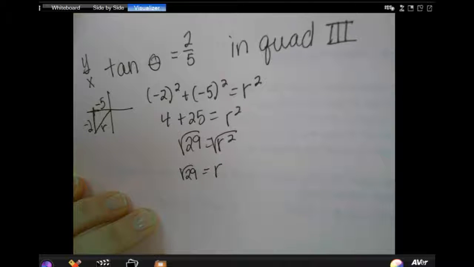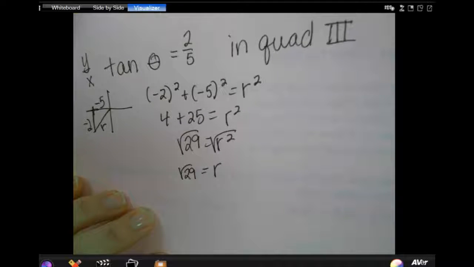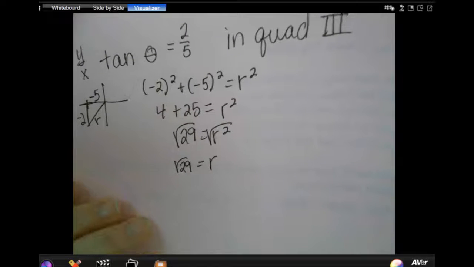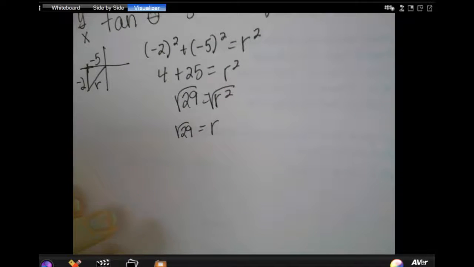So now we have to find our values. I'm going to go tangent of theta to cotangent of theta.